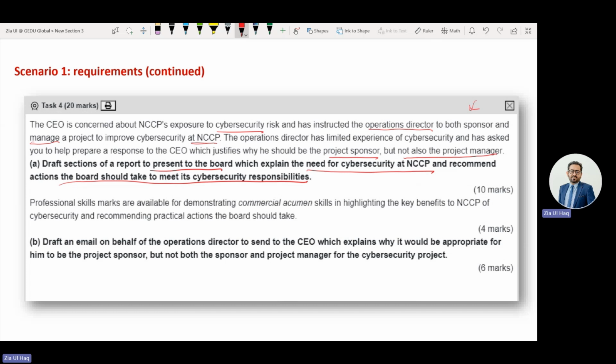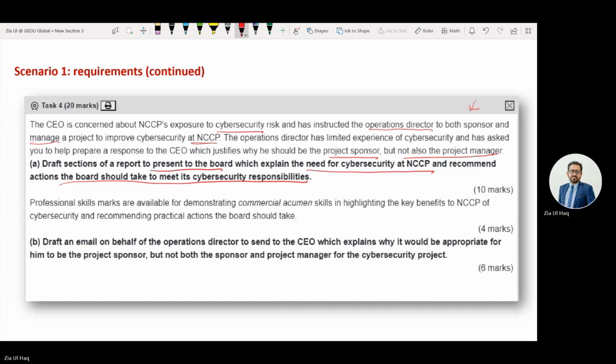And for this company, yes, managing cybersecurity risk is important because the company has data about its stakeholders, donors, trustees, employees, and participants. So the company needs to manage this cybersecurity risk.